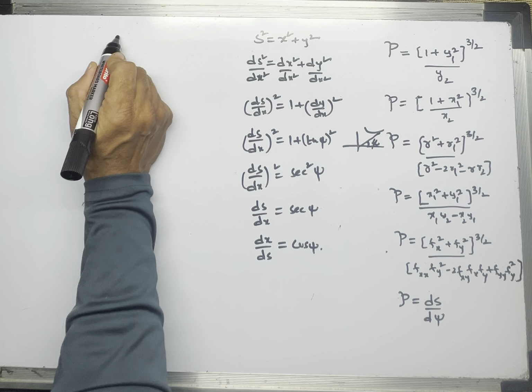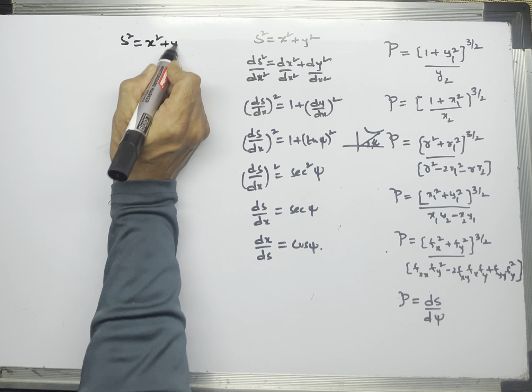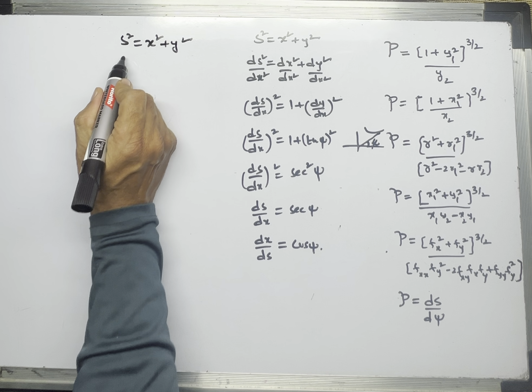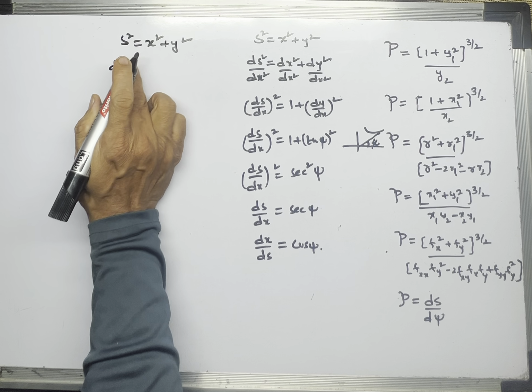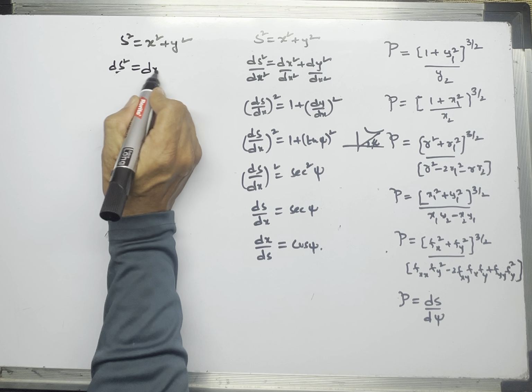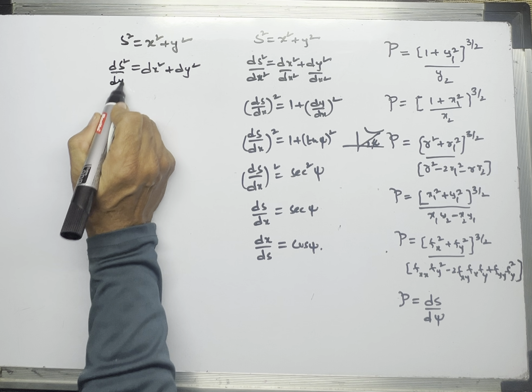Similarly, if we consider s square equals x square plus y square, first we apply derivative to all those functions, and then divide this by dy square.